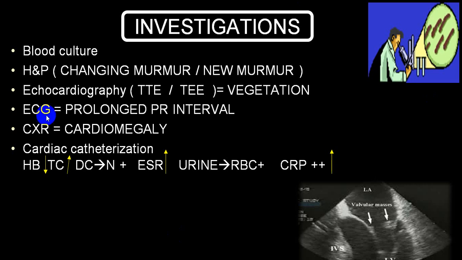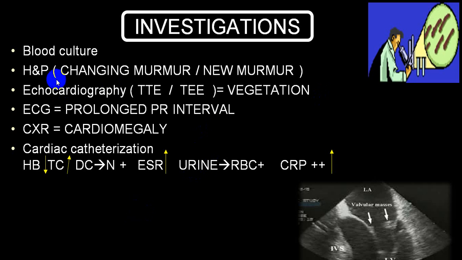Already we have almost covered. Blood culture is the main gold standard for confirming the diagnosis, the pathological criteria, of infective endocarditis. And the second gold standard is echocardiography. And then come the imaging studies like CT or PET scan.